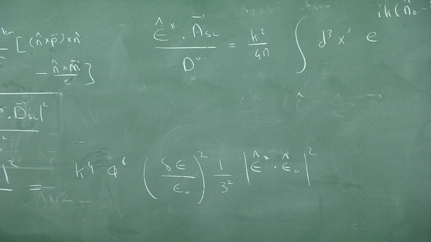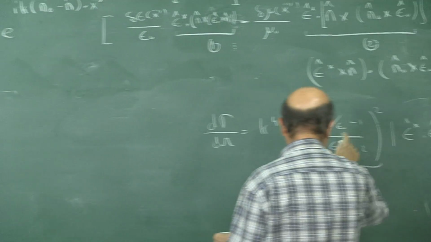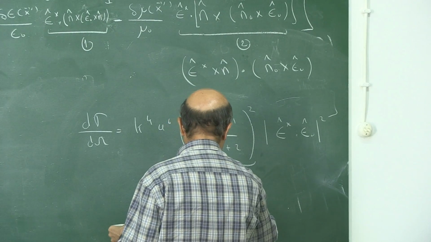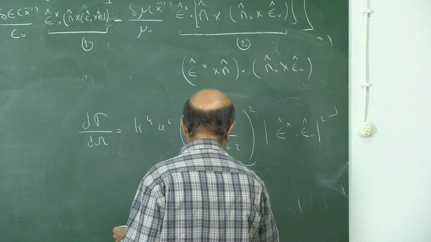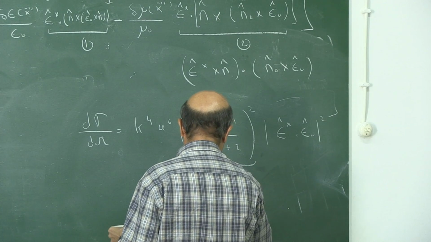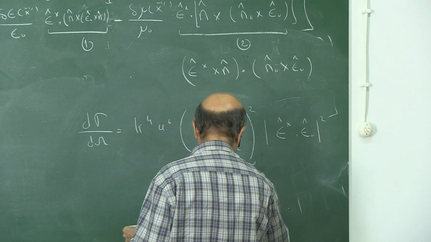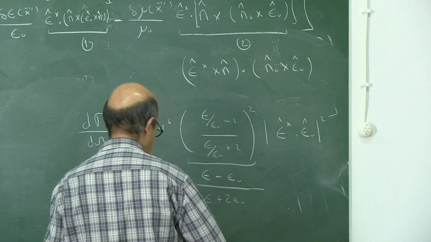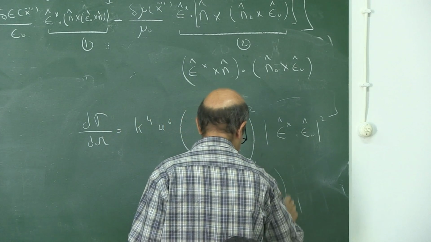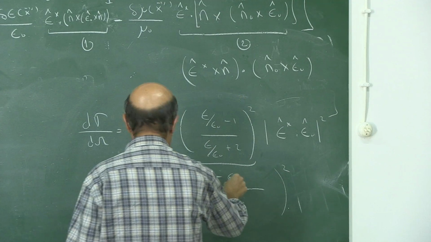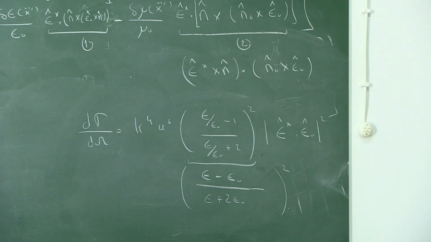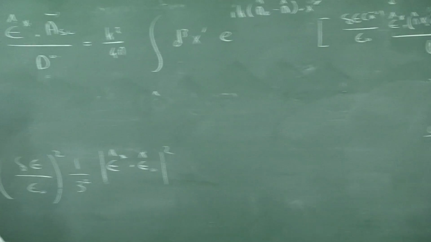If you look at this term, that is nothing but epsilon minus epsilon 0, over epsilon plus 2 epsilon 0, squared. Epsilon minus epsilon 0 is nothing but the variation in the epsilon.